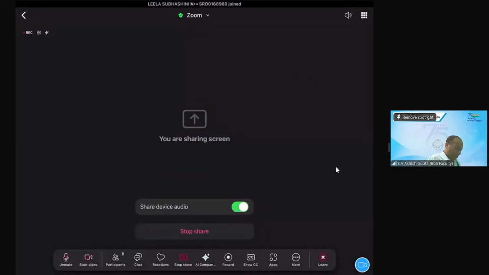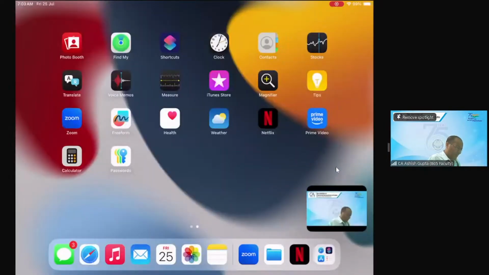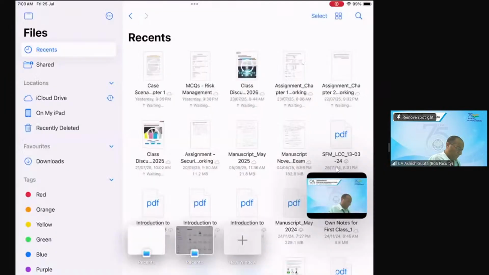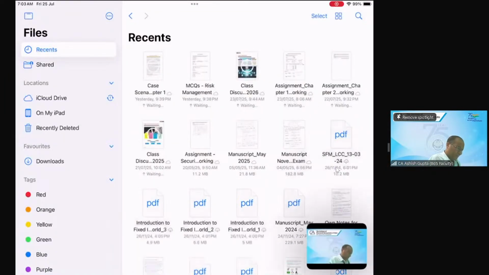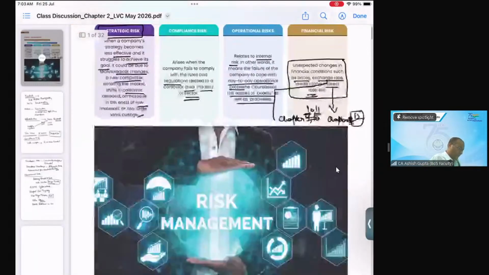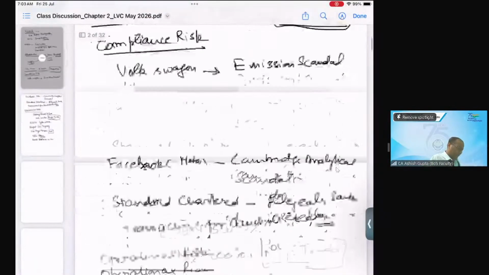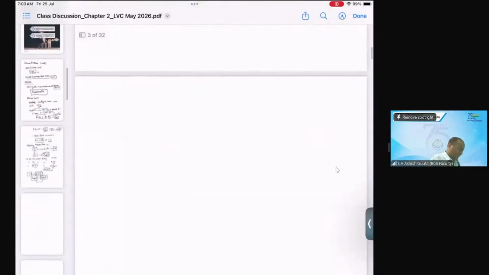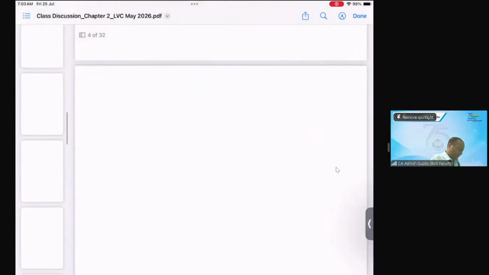Okay, students, now let us go back to our discussion on value at risk. In the previous class, we discussed the various types of risk.